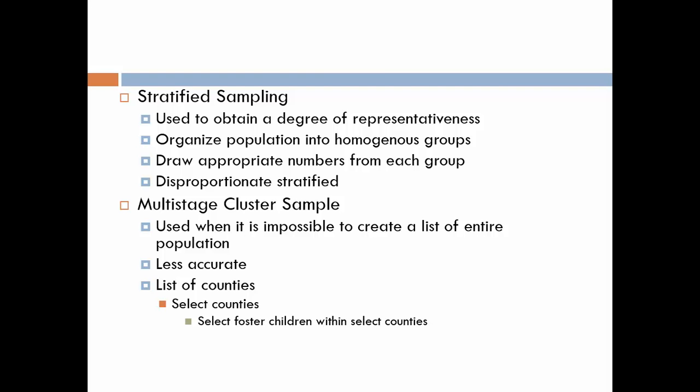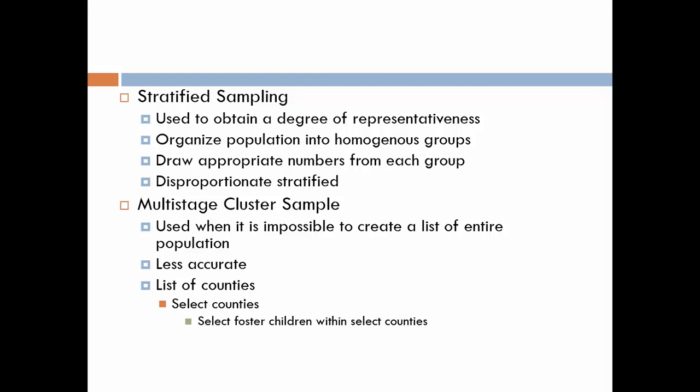So in my dissertation example, let's say we organize our population into age groups: infants, preschoolers, elementary school age, and high school age. And we say, okay, in the foster kids, what percentage are infants, what percentage are preschool, what percentage are elementary, what percentage are high school, and then we draw that number from each of those groups. That way, we make sure that we have the right proportion of all the characteristics that we're interested in.